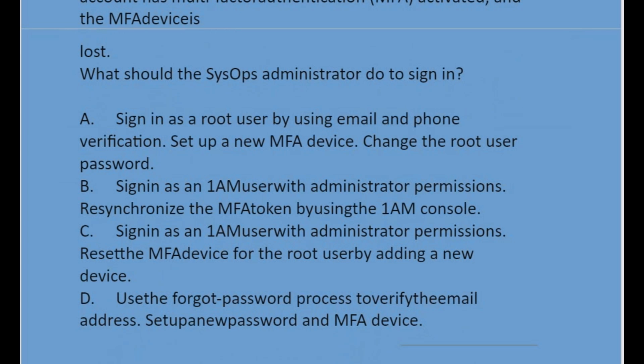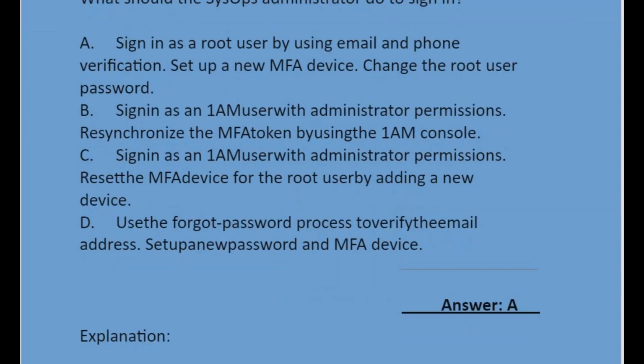Option C. Sign in as an IAM user with administrator permissions. Reset the MFA device for the root user by adding a new device. Option D. Use the forgot password process to verify the email address. Set up a new password and MFA device. Correct answer is option A.